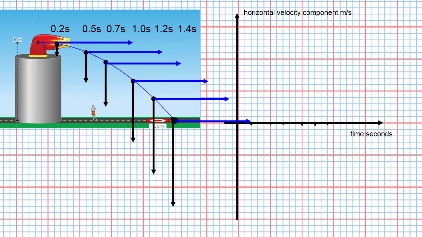Now once we arrange all the horizontal vector components on the timeline, we have a good idea of the shape of the horizontal velocity component of that particular motion. So let's start then. We start at 0.2 seconds. That's our first snapshot. So we take the velocity vector over here, and we just turn it on its side like that, and place it on the 0.2 second mark of the timeline.